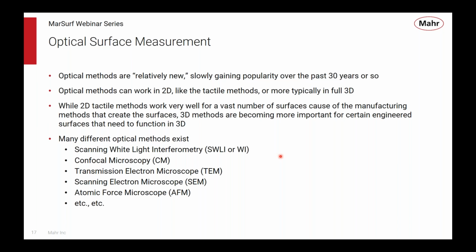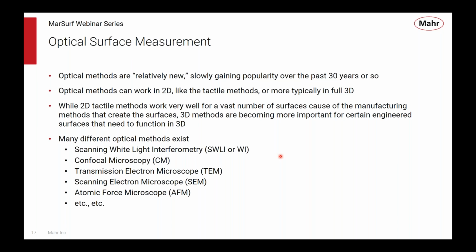If I have a turned part, a turned shaft, and I take one 2D trace on it, any 2D trace is probably a lot like the next one that I would take if I rotated the part a little bit, because they all got created by a common process. That's part of why 2D methods work very well for a lot of the typical manufacturing processes. You think turning, grinding: the surfaces are very symmetrical or similar as I go around the part. So the 2D methods typically work quite well.